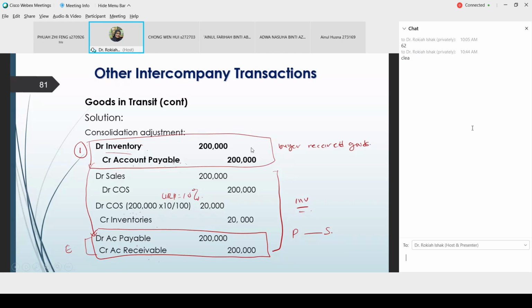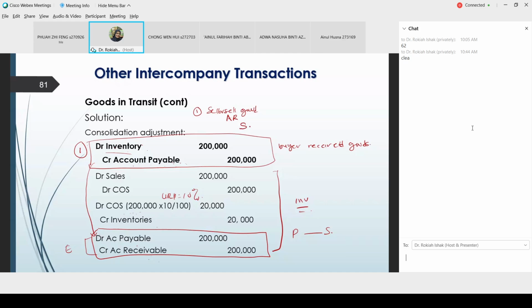I don't understand why I need to record for the buyer and then record for the seller also. Okay, at the beginning when the seller sells goods, since this is not yet paid, they debit accounts receivable and credit sales.